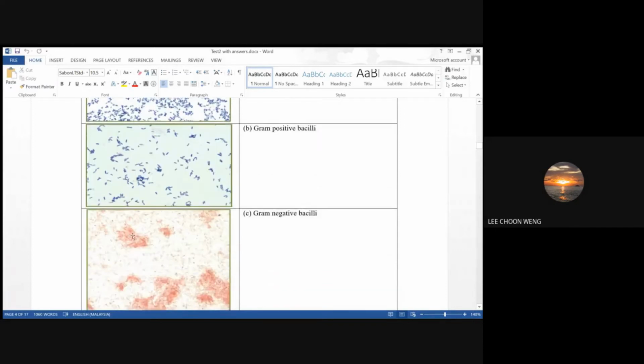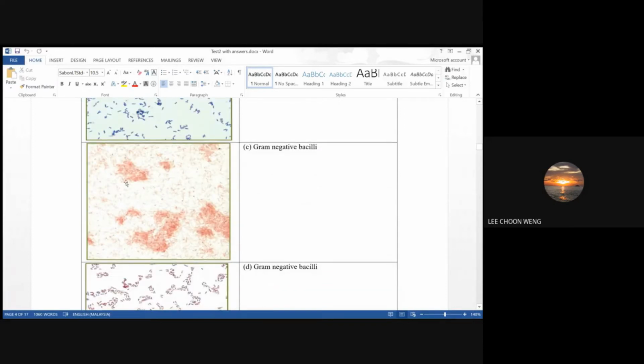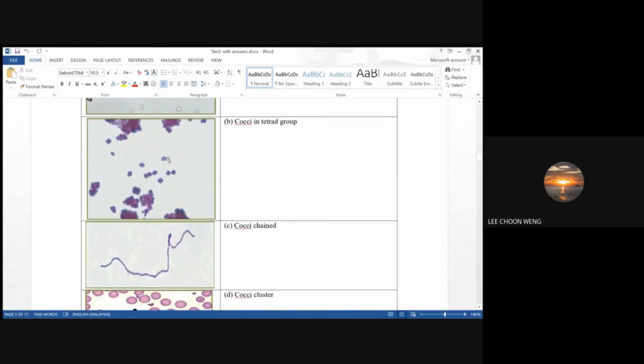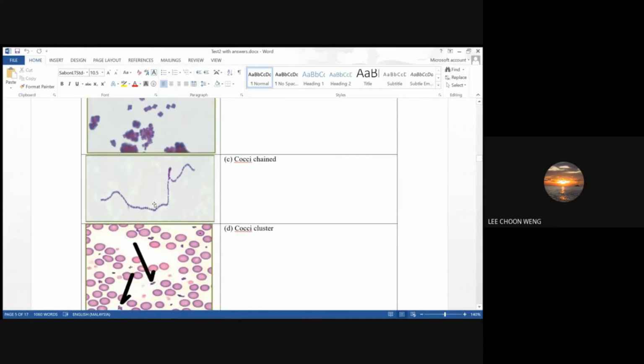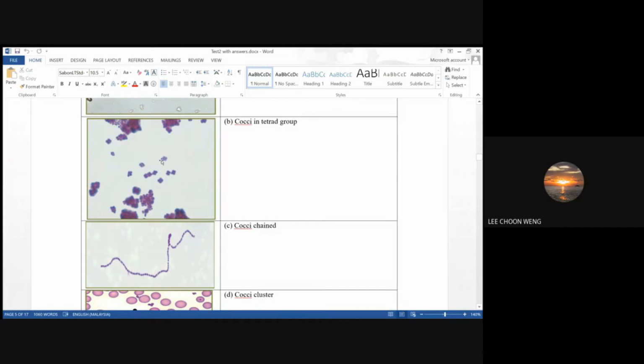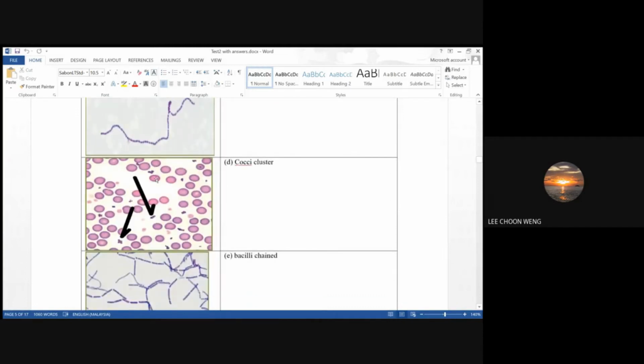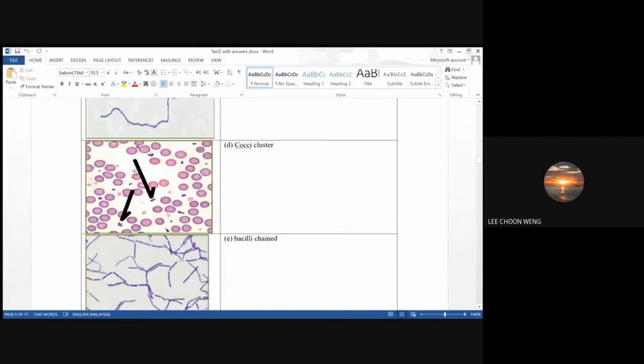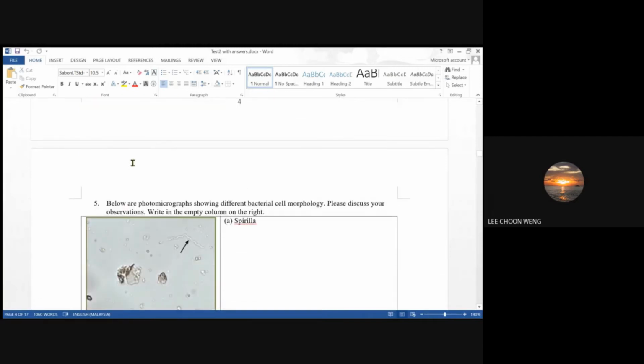Okay, even color, the stain, you do not get a very nice even color all the way. Sometimes you get uneven coloring. Okay, but not to the stage of variable gram staining. It's just the staining is not even because sometimes the cells are old, the cell wall does not hold the stain well. Fresh young cells tend to hold the stain better.